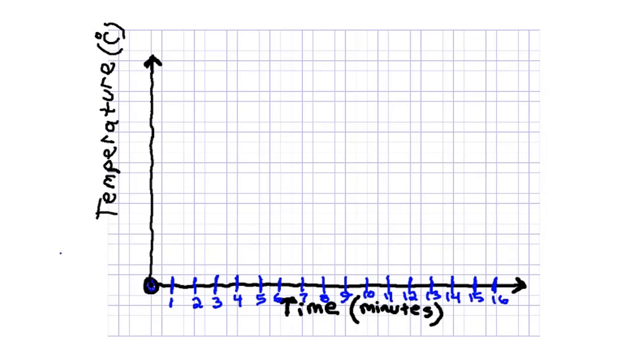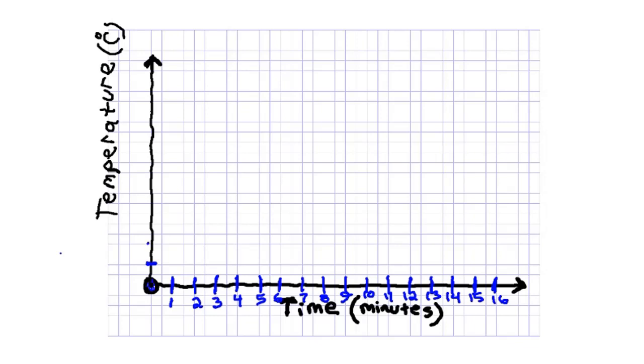And let's do the same thing for temperature. And temperature on the chart, if you remember, they counted by tens. So we're going to take these every 2 blue squares, and we're going to make that 10.